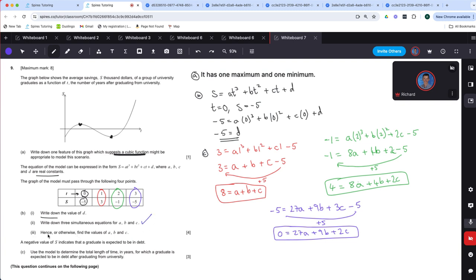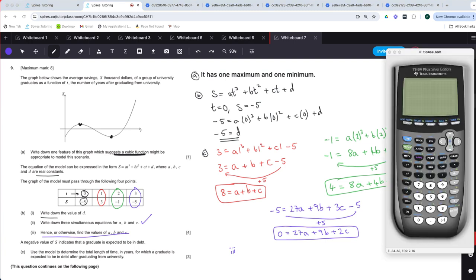Then the third part: hence or otherwise, find the values of A, B, and C. So we're just going to do this on the calculator. Okay, so on the calculator, we're going to go to matrix. So matrix is the one in blue.